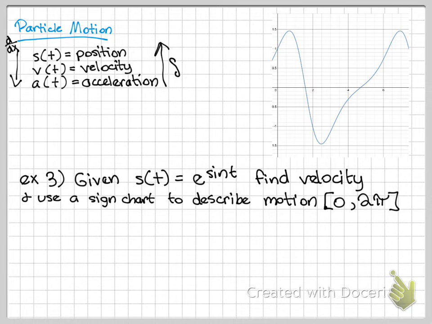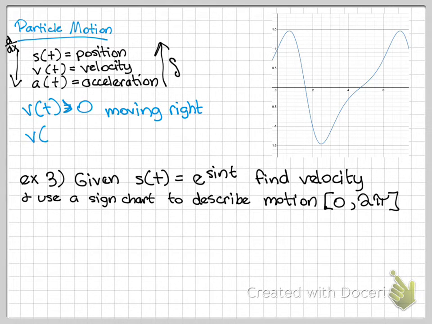So for example, say that we want to figure out when the particle is moving to the left or right. We can use the velocity to figure that out. When the velocity is greater than 0, it's moving to the right.